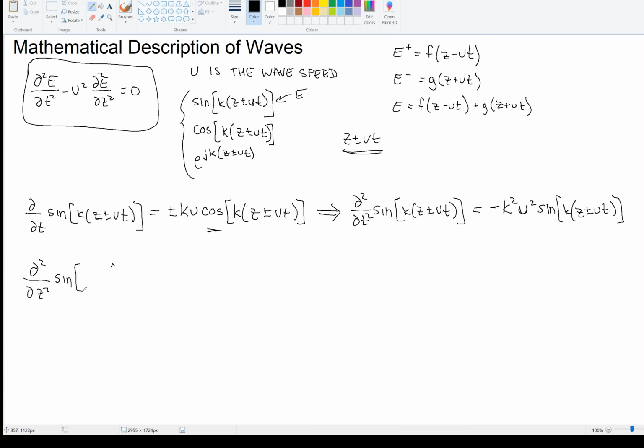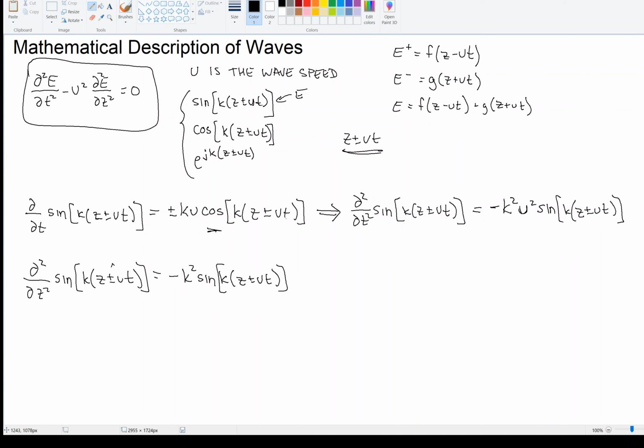So if we did take the derivative twice with respect to z this time, what do we get? We get minus k squared from the chain rule, and then the sine of k z plus or minus ut, like that.